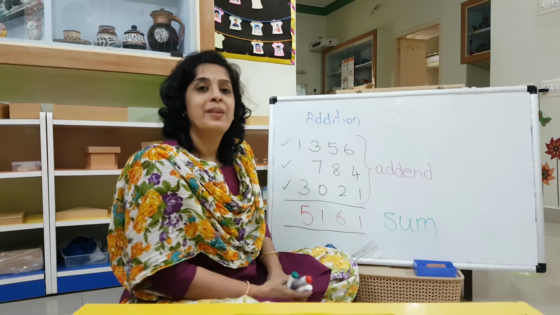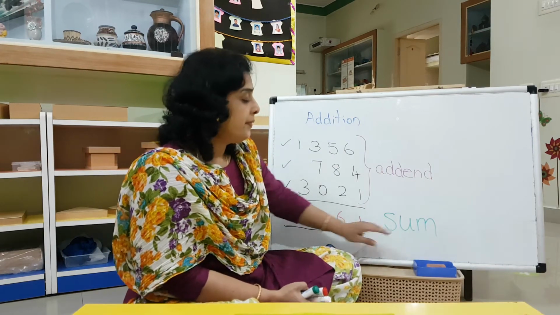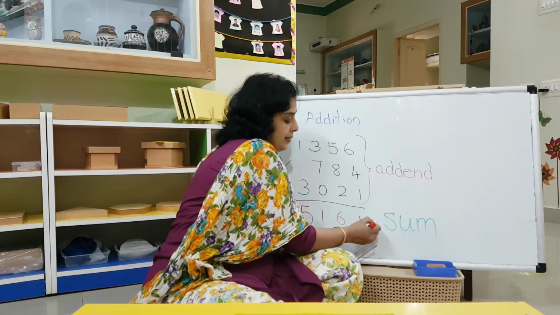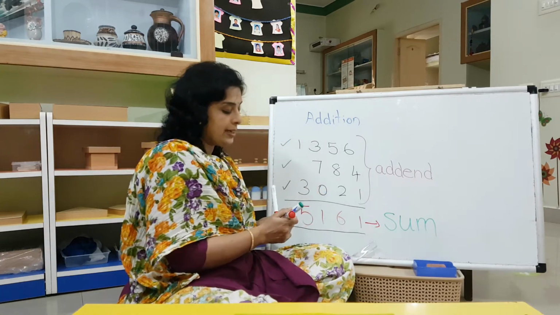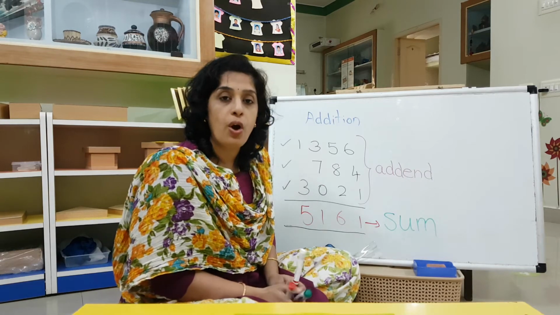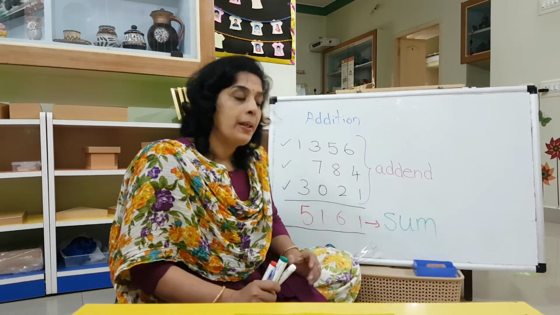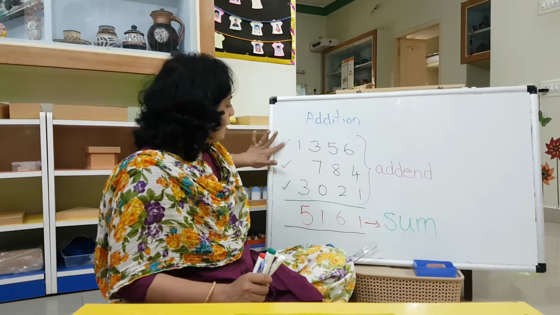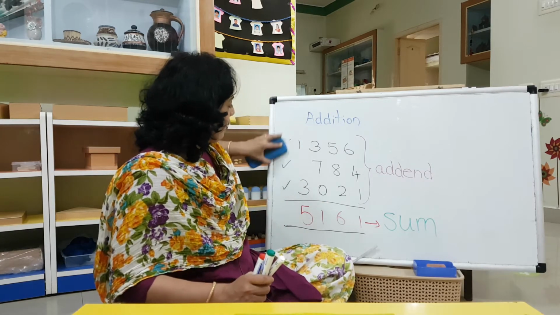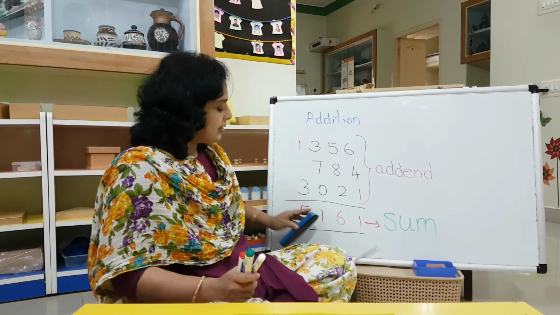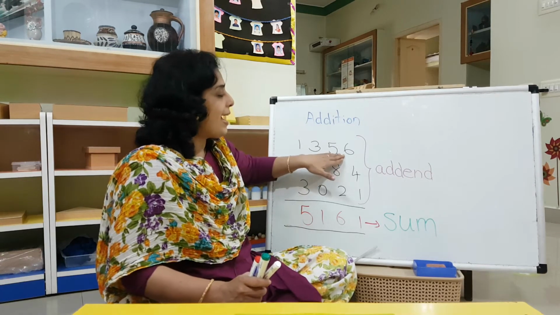So this is called the sum. This 5161 result that you got, in the big cards, is the sum. And the small card quantities that you have here, one given to your father, one for your mother, one for yourself, these quantities are called addends.